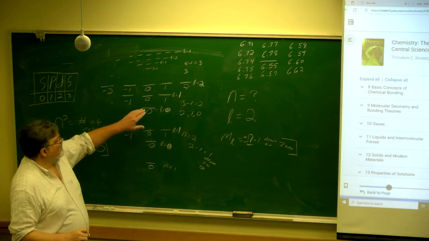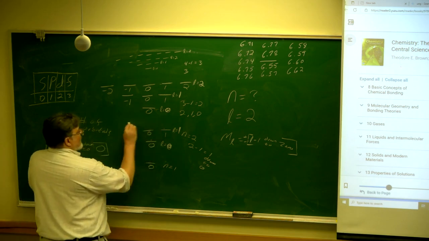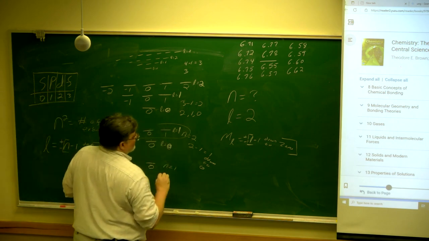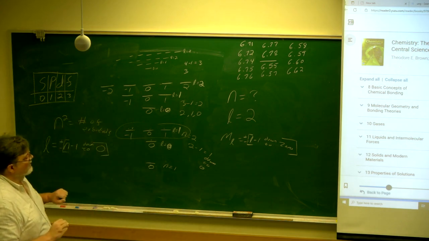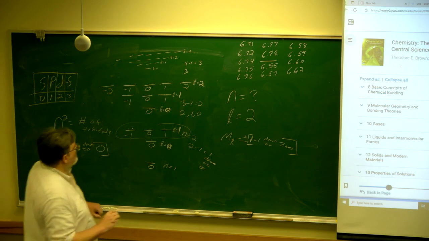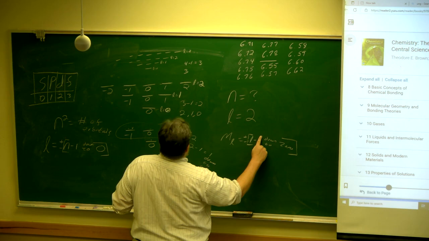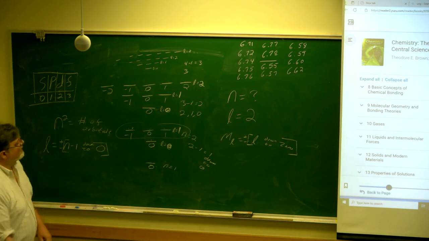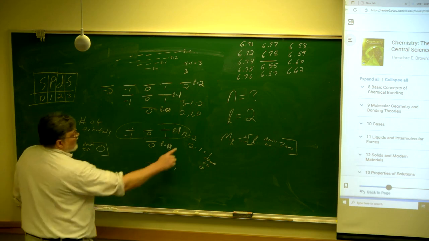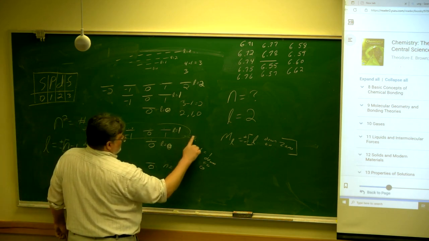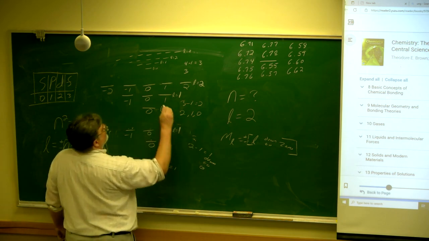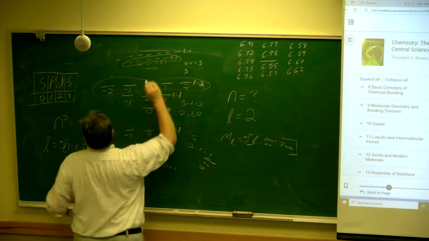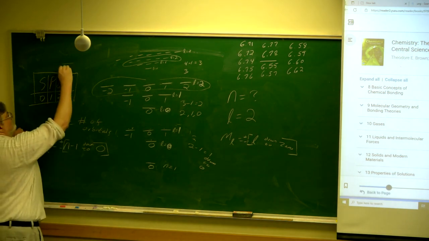So if L is 2. So here is where L is 2. It says L is 2, right? Yeah. It's not minus 1. Yes, that's right. So here L is 2. Here L is 2. Here L is 2. It's the d orbitals when there's 5 lines.